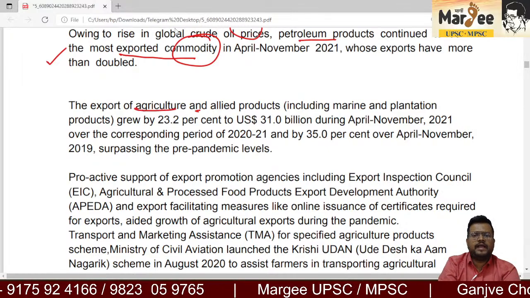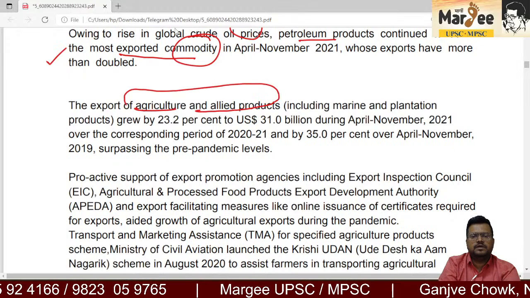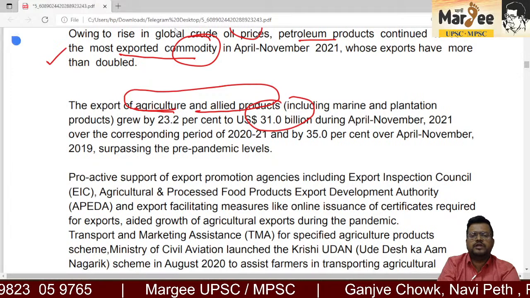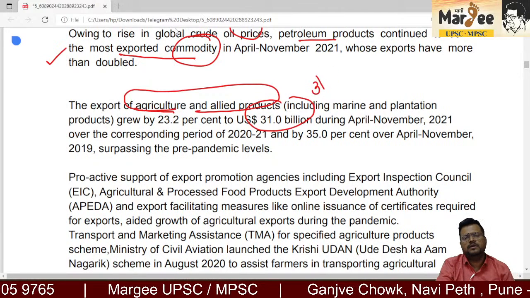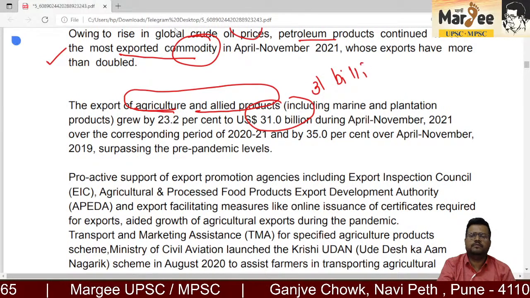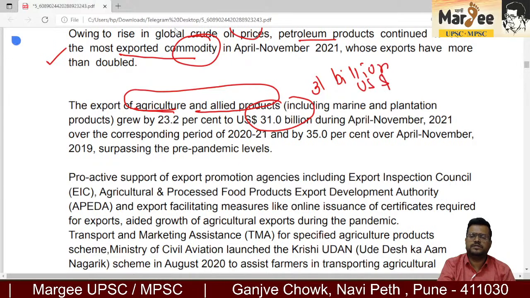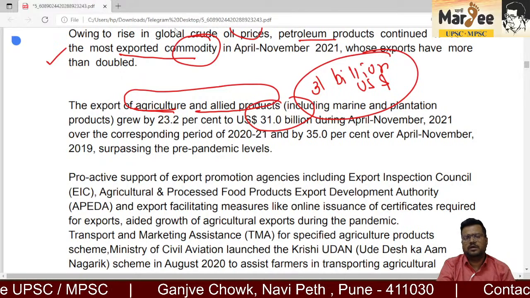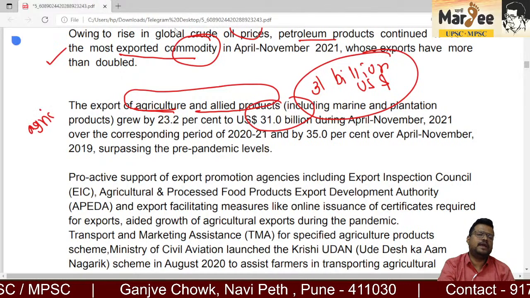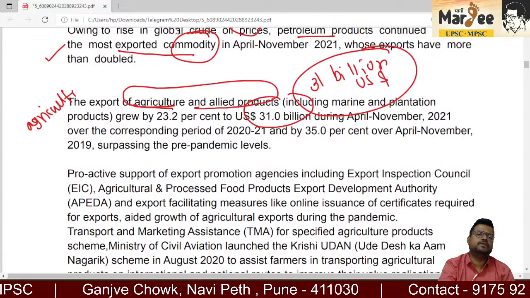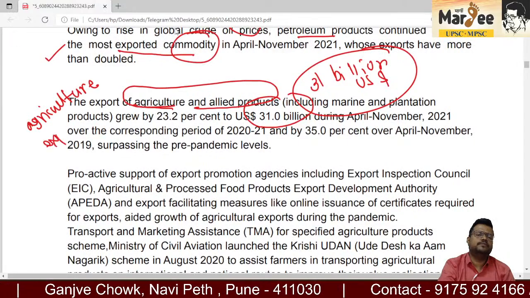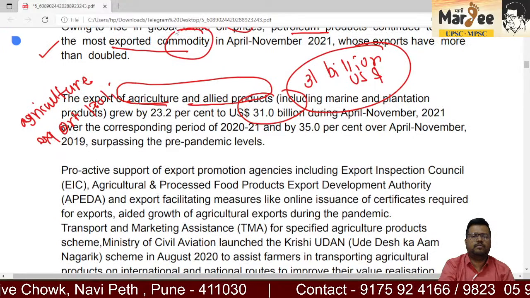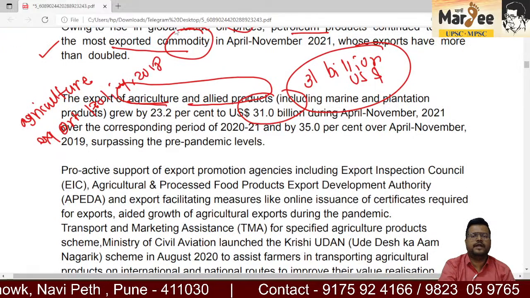Export of agriculture and allied products. Agriculture and allied products export was 31 billion US dollars. That is our agriculture export. You must be aware of the agriculture export policy of 2018.